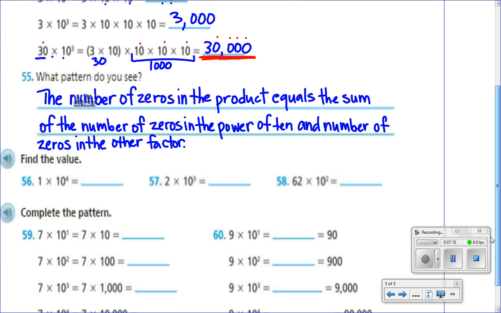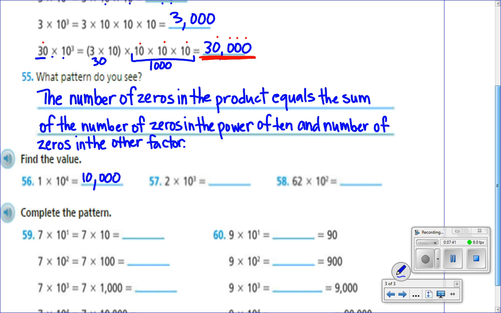Find the value. If you were looking at 1 times 10 to the 4th power, how many zeros do you think there are based on the pattern we've already found? I think I hear you saying it. There should be 4 zeros in your product. What about 2 times 10 to the 3rd power?